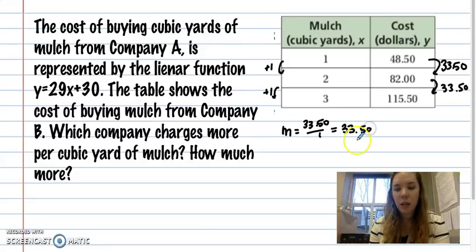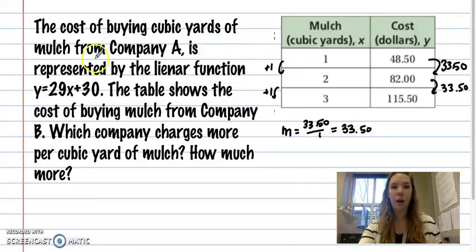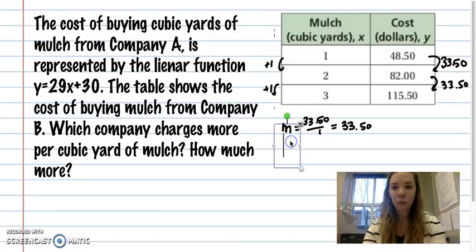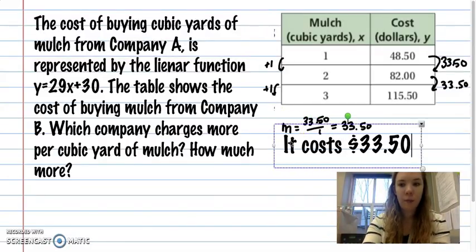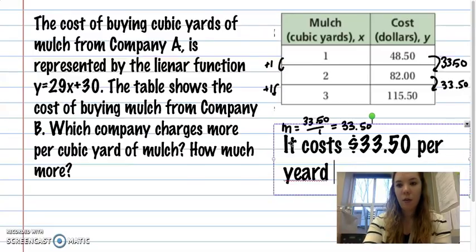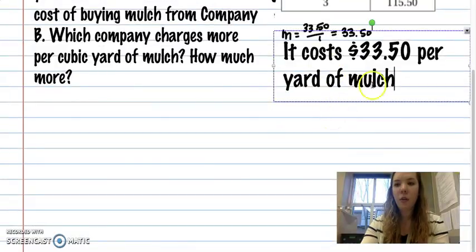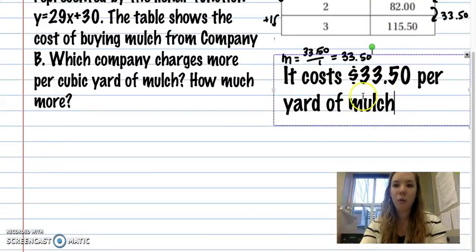Okay, and this means that it costs $33.50 per yard of mulch. So let's go ahead and write that. Per yard. Okay, $33.50 per yard of mulch.